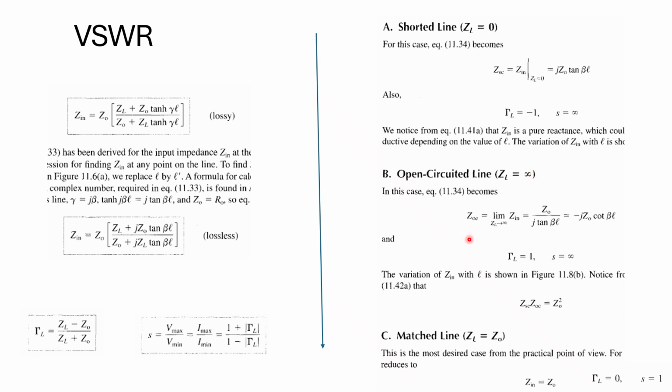In that case, put ZL equal to infinity and get the value of tau L, because you can neglect Z0, it's very high. So get the values of Zin, tau L and S. Similarly for a matched line, ZL and Z0 are both equal. In that case, tau L simply will be 0 and S will be 1.